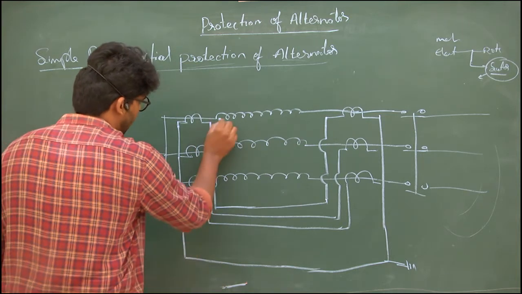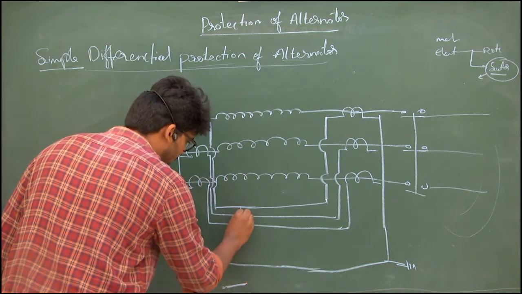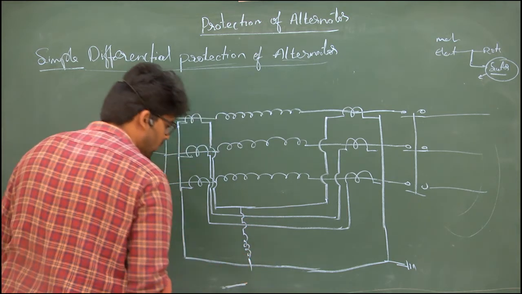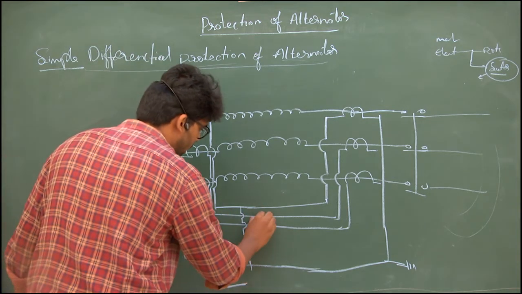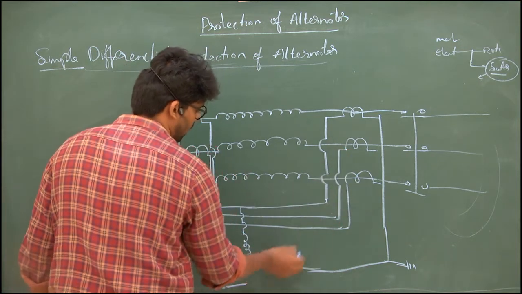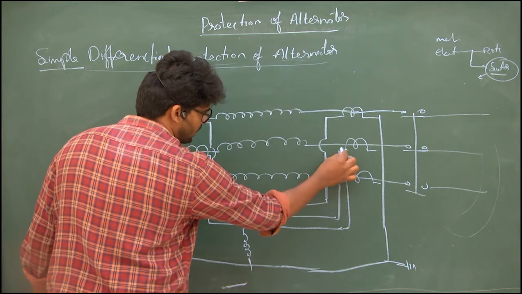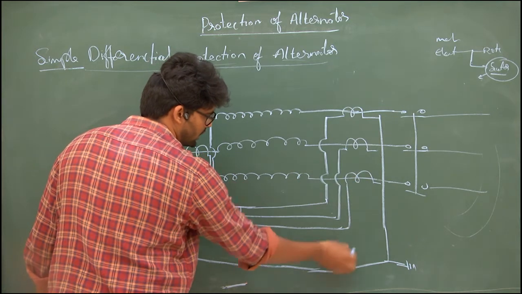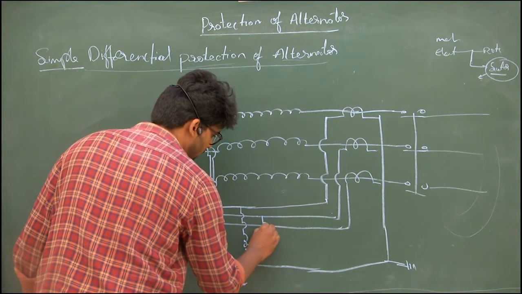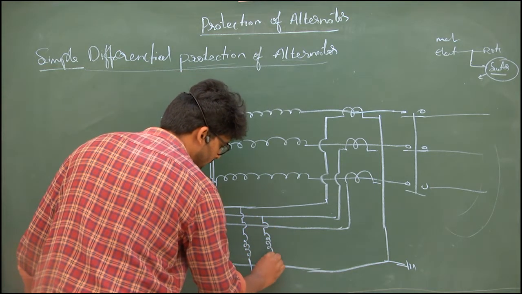So for the R phase, I am taking the relay coil like this. For the B phase, that is this, and ground. If I make this connection with this ground, I am grounding the B phase. Observe carefully, the observation is very important.